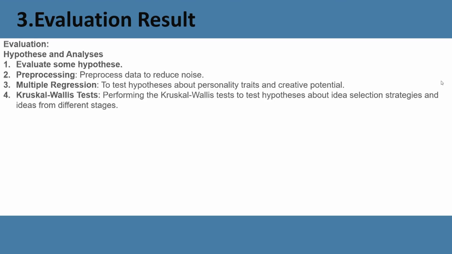The second one is multiple regression to test the hypotheses about personality traits and creative potential. The last one is Kruskal-Wallis tests, performed to test the hypotheses about idea selection strategies and ideas from different stages.